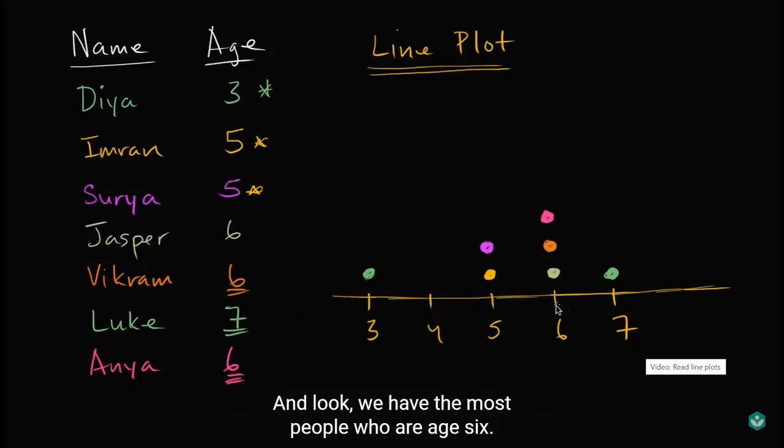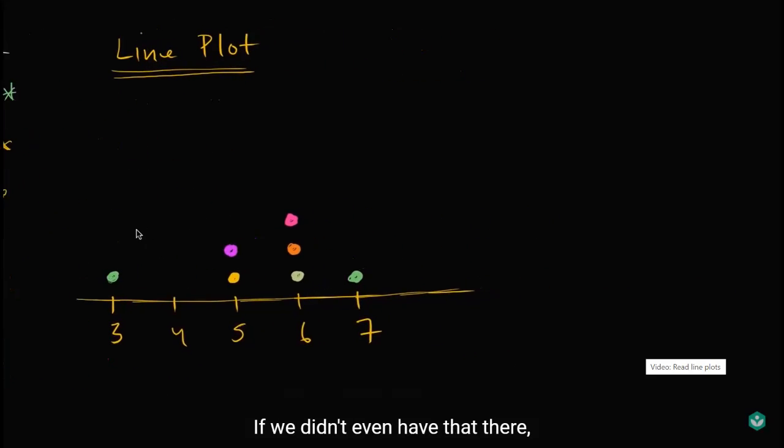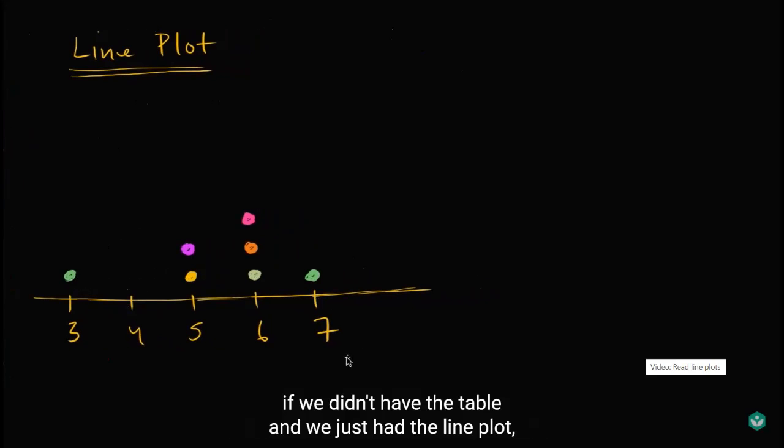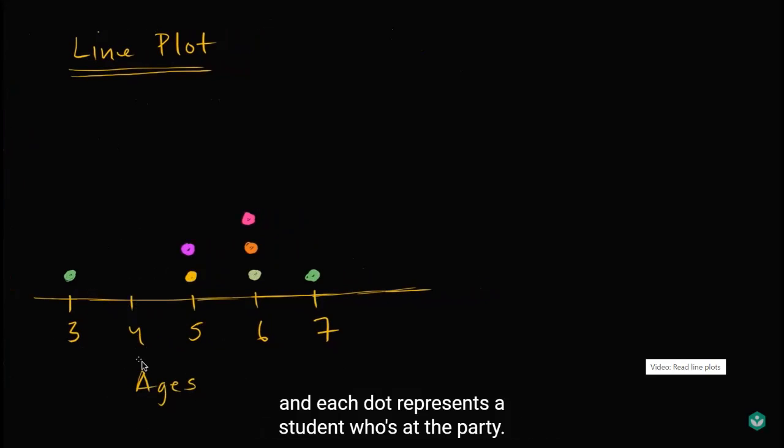And look, we have the most people who are age 6. And if we didn't have the table and we just had the line plot, these are ages in years old, and each dot represents a student who's at the party.